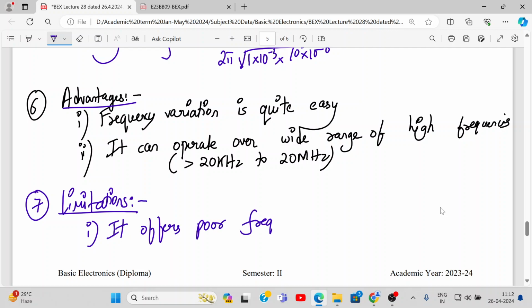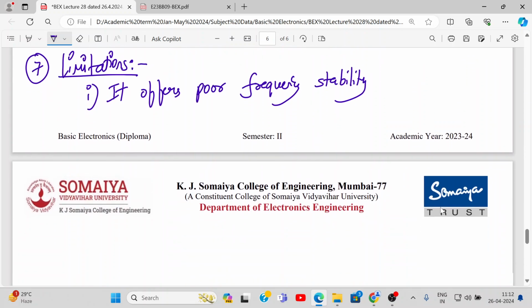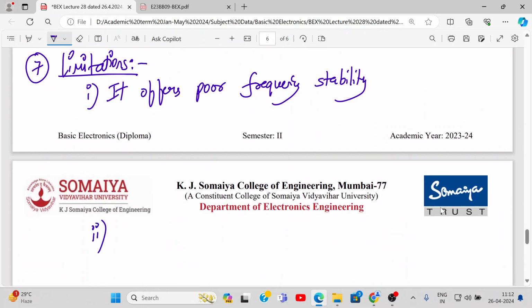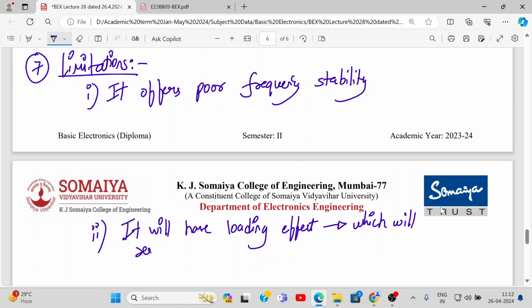Another limitation is it will have loading effect problems, which will result in a lower resonant frequency value.